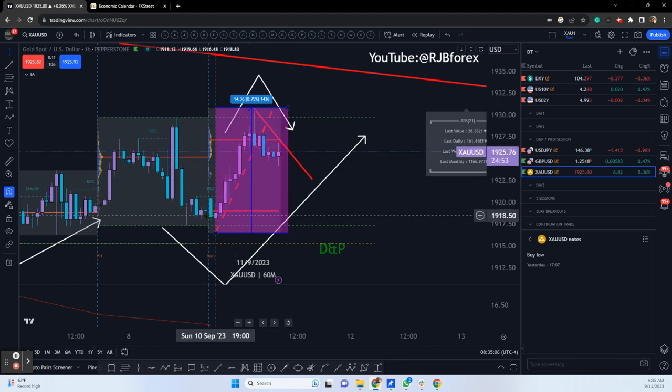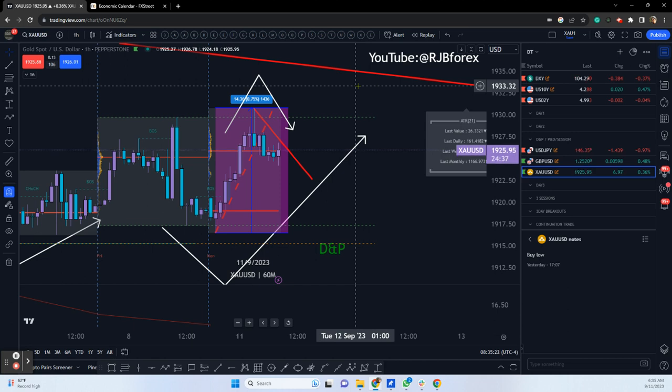It's a sell-off back down towards 1920 at the moment, because that's the path of least resistance, and we've already had a sweep of liquidity up high. So for me, I'm bearish on gold at the moment. Yeah, so just gonna have to keep an eye on all of this.